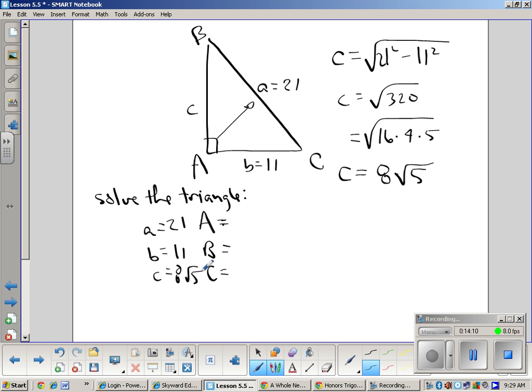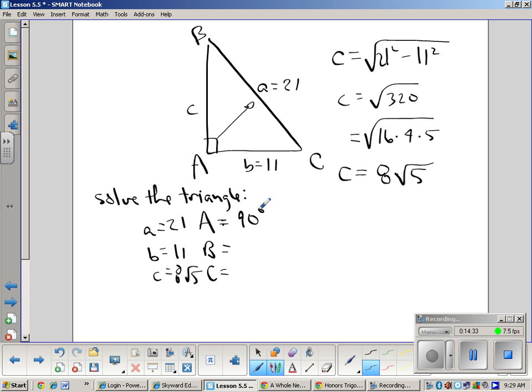Now we can use any one of them to find angle A. Which trig ratios could we use to find A? We already have it. Oh, I'm sorry, we know A, it's a right angle, thanks. So we could use any one of them to find B. So which one do we want to use?